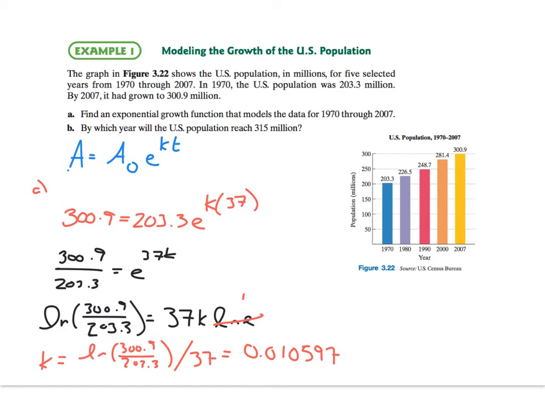So our model here is A is equal to our initial value, 203.3, e to the 0.010597t. That's our model. The second part wants us to figure out in what year the population will reach 315 million.